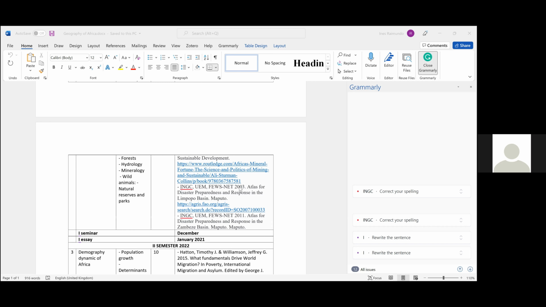Then again, in 2011, because of floods of the Zambezi River, the Department of Geography also produced an atlas for disaster preparedness and response in the Zambezi Basin. These two atlases are really very important. The first one you can still find on the internet, you can Google it, but the second one is no longer available.